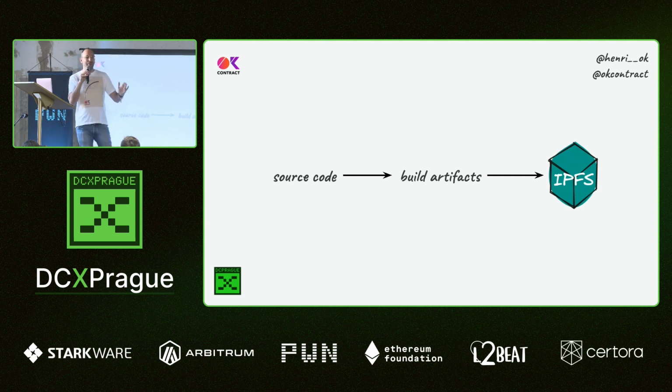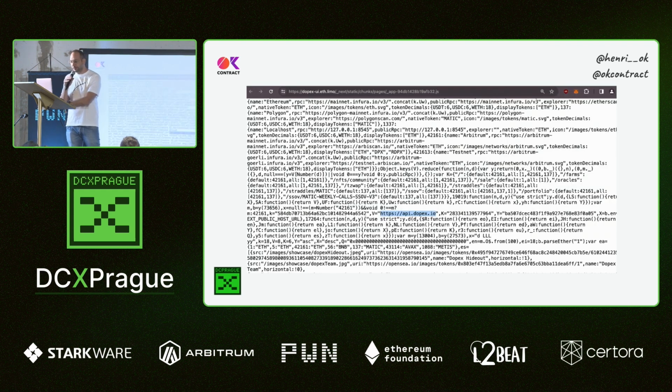And somehow you manage to build it successfully and repeatedly with reliability, and you say, okay, this is what I'm putting on IPFS, and now my protocol has a decentralized front end. We've seen a lot of projects mentioning this that way.